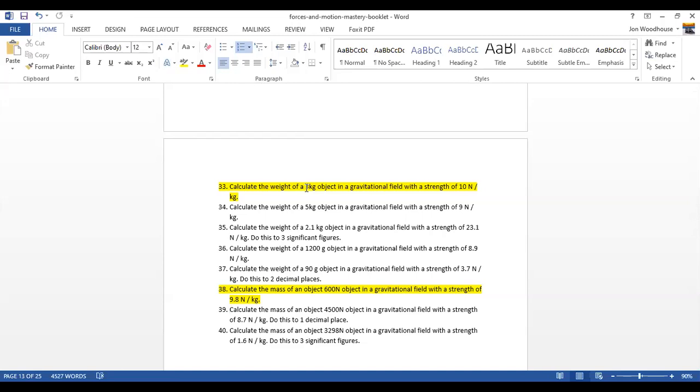And it's a 3 kilogram object, so we know that mass is equal to 3 kilograms. And we have a gravitational field strength of 10 newtons per kilogram. So what that says is for every kilogram, the planet is pulling it down with a force of 10 newtons. So now, while I've been reading that, I've been writing that down here.